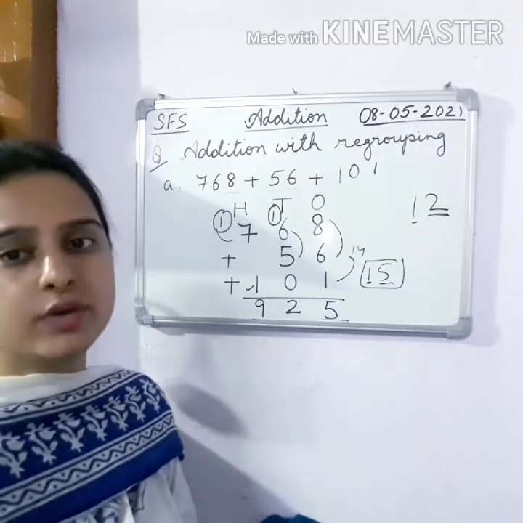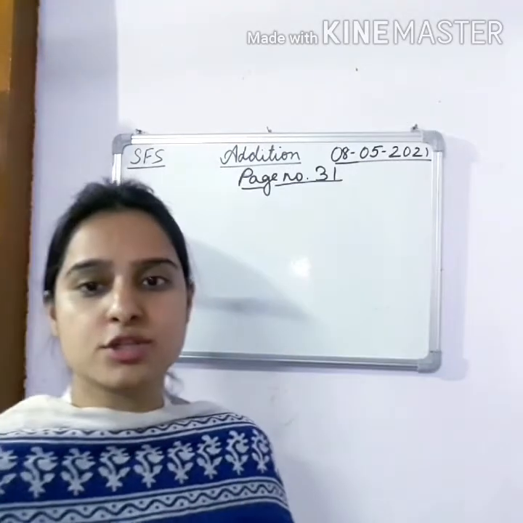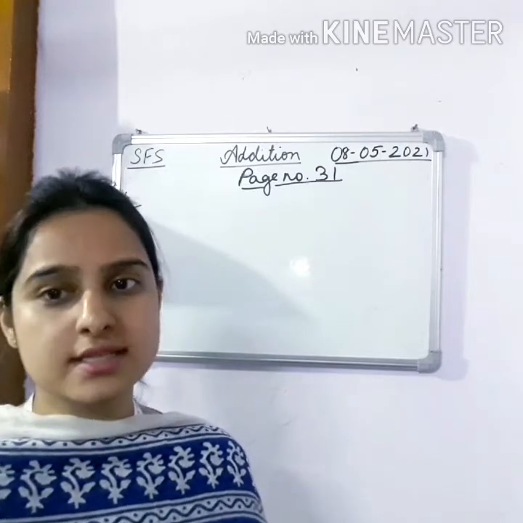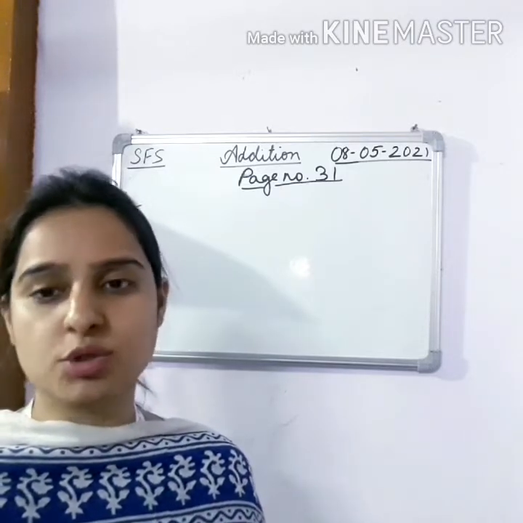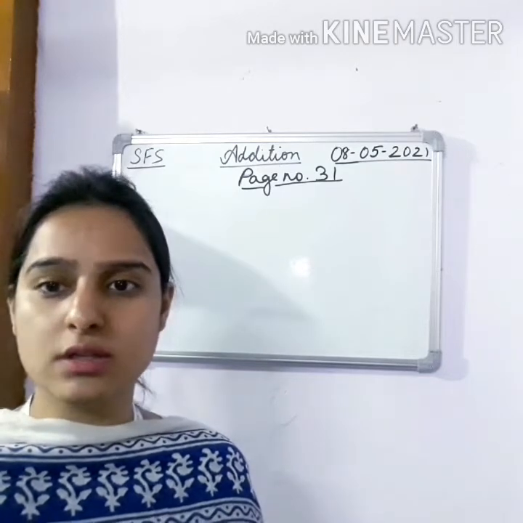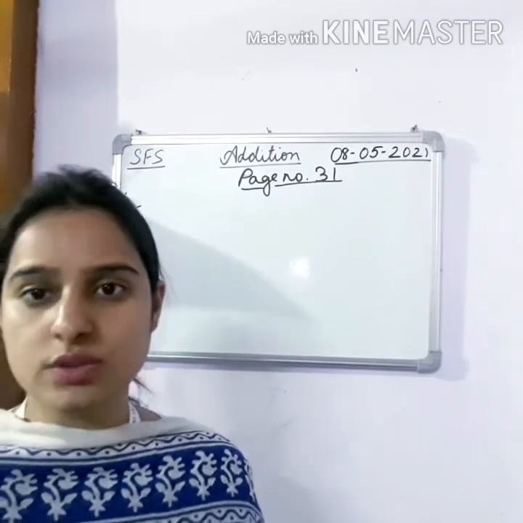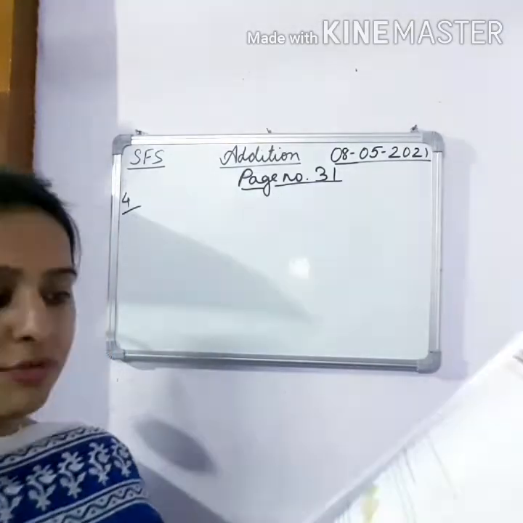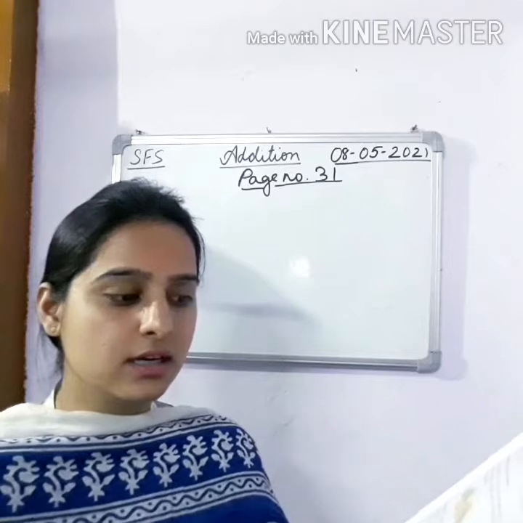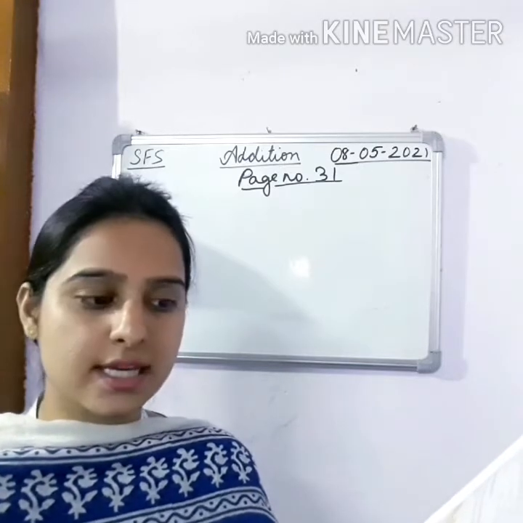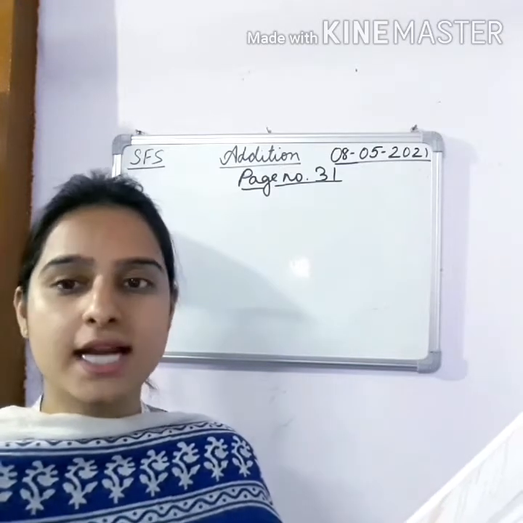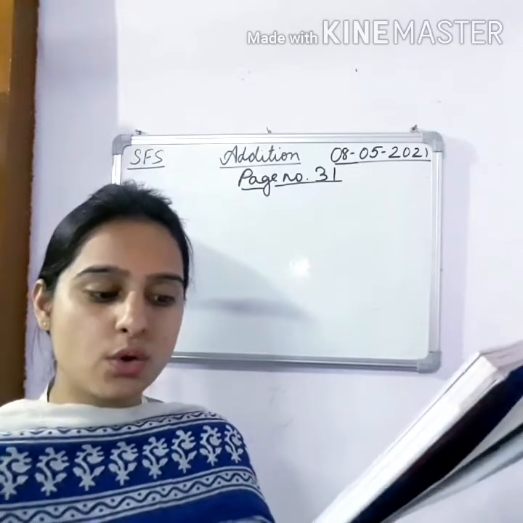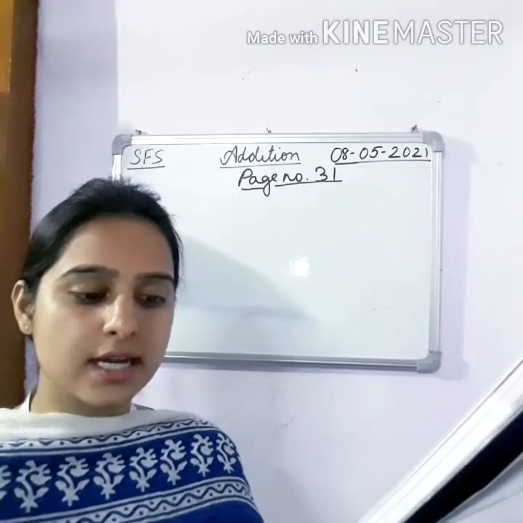And in the same way we also do addition of 4-digit numbers. So children, let's do one application based question. Once you understand how to do the application based question, you will be able to do all the rest of the questions. So take out your textbook, page number 31, question number 4. So what is written here? 456 tickets for children and 329 tickets for adults were sold at a zoo on Sunday.